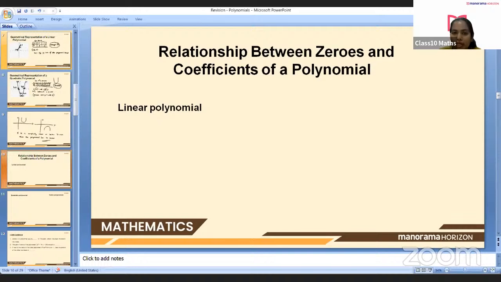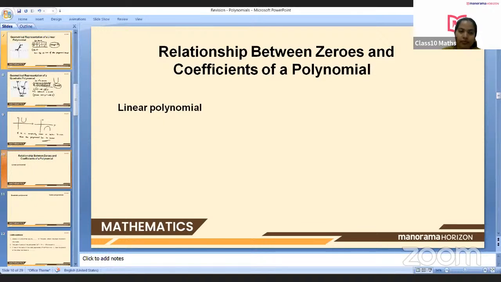If x equal to 0, then y equal to 3, and if x equal to 1, then y is equal to 5. So we get 2 points, and plot these 2 points on the graph. For x equal to 0, the corresponding y coordinate is 3, and for x equal to 1, the corresponding y coordinate is 5.